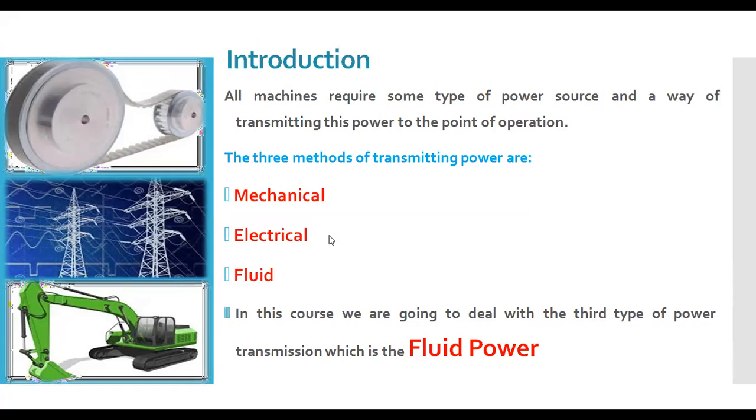So that is the reason you are able to transmit the power for this particular purpose, from one place to another in this system, and carry out the work in a proper way.